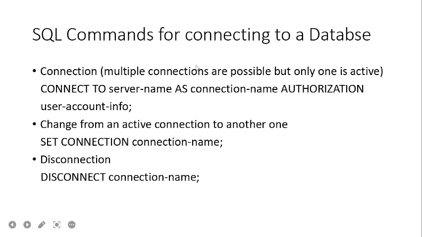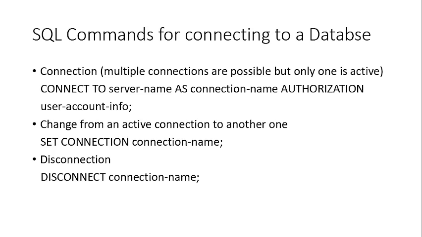So we have this syntax for establishing a connection to a database. That is, connect to, we should supply the server name, then as connection name, followed by authorization, the user account name and password.